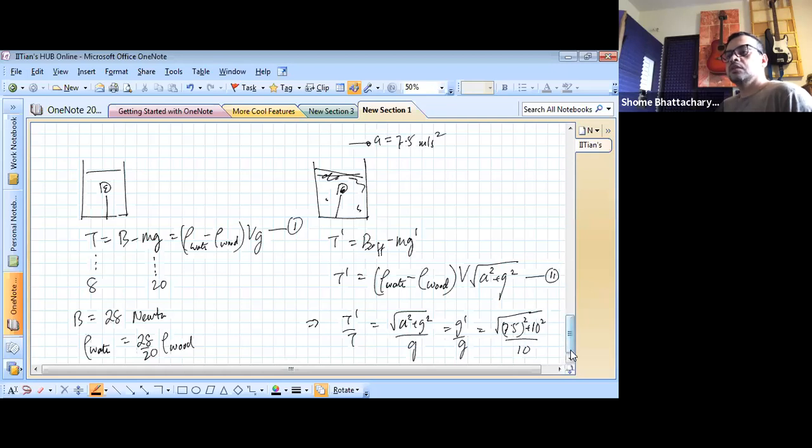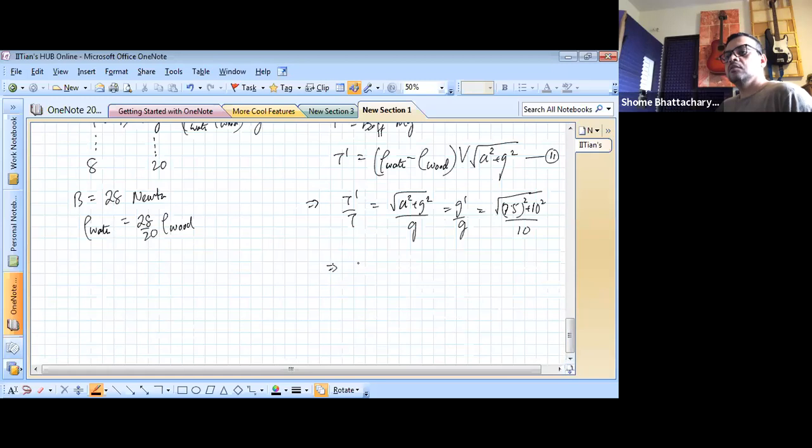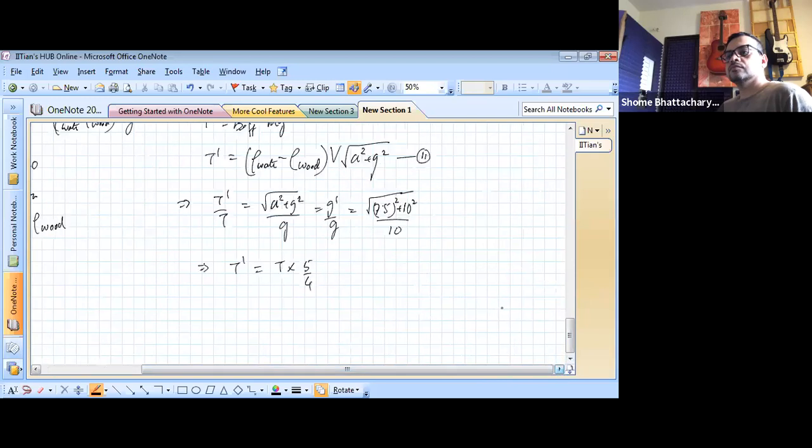Okay. So the tension will get altered by a factor of 5 by 4. You can take 2.5 common here, 3 square plus 4 square. So that's 5 by 4.